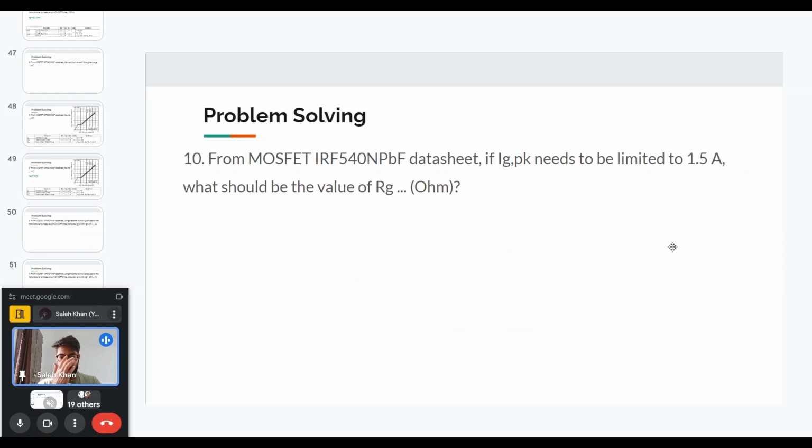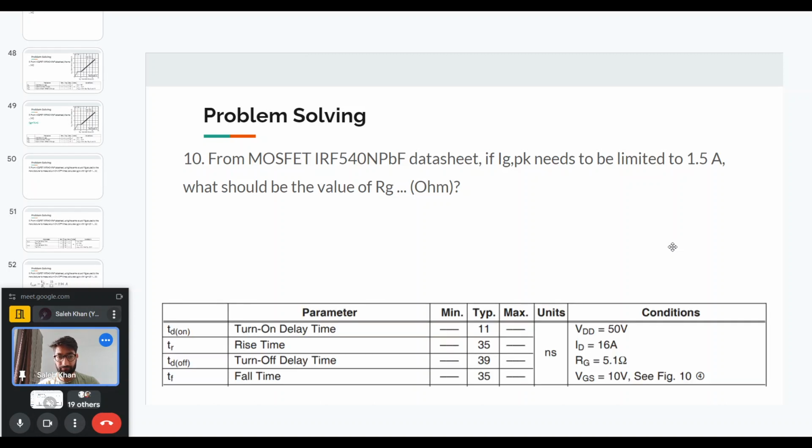So the next question is about the same MOSFET. Now we saw that the current was around 3 amperes. Now if we want to limit it to 1.5 amperes, what should be the value of Rg in ohms? Obviously if we want to limit it to less than what we got previously, we have to basically increase the gate resistance.